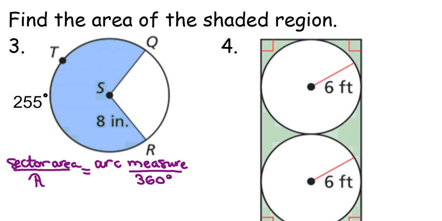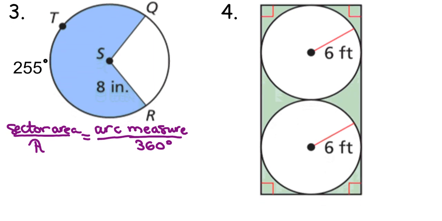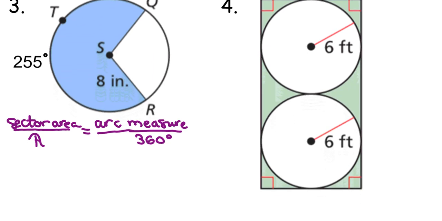Okay, so that's what I'm going to fill in to complete question number 3. Sector area is what we're looking for because that's the blue shaded area. Since I don't know the area of the circle, we'll do an aside here: area is equal to pi r squared.